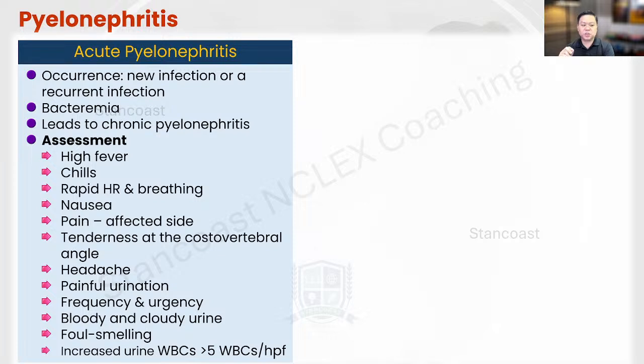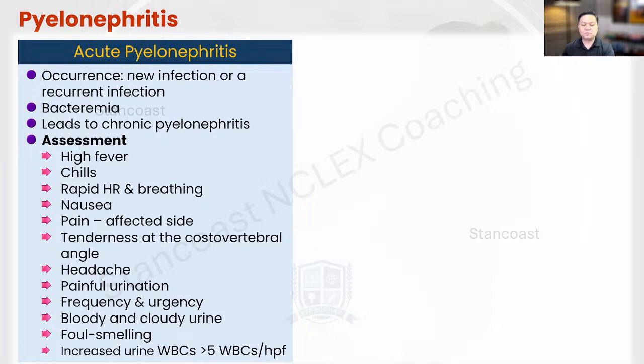So this is going to be greater than 5 WBCs per HPF. So the white blood cells are actually camping out in your urine, ready to fight off the invaders. That's why they are going to be abundant in the urine.